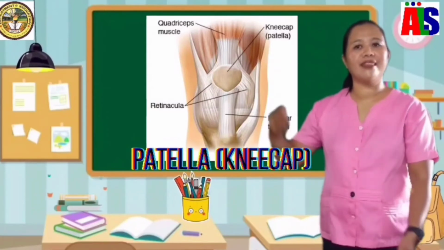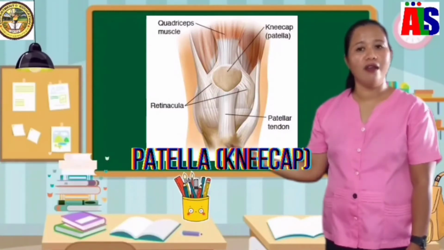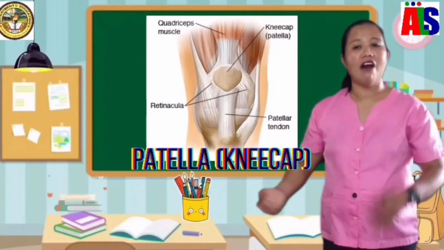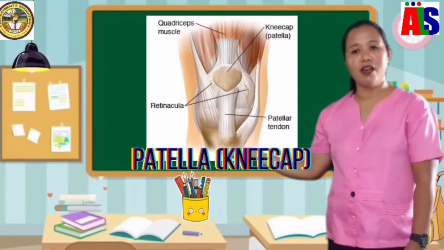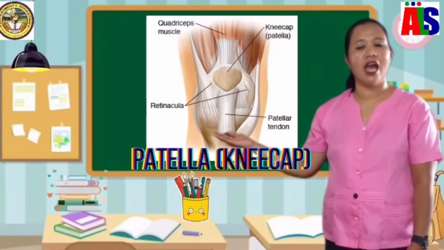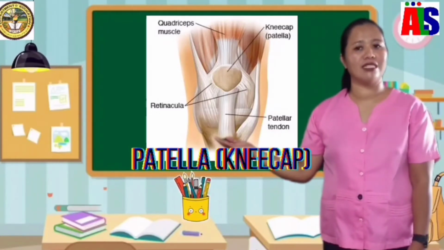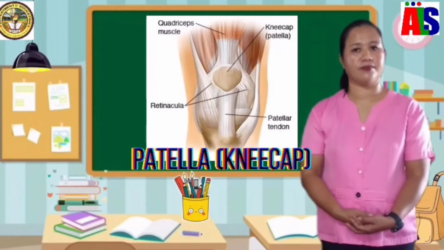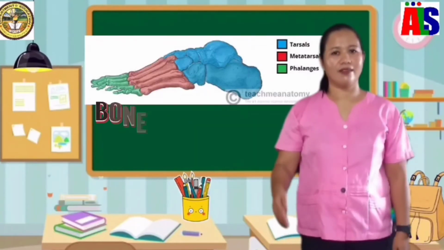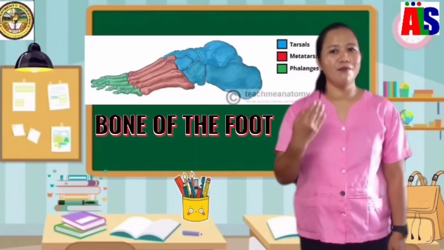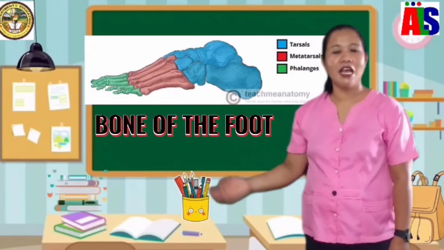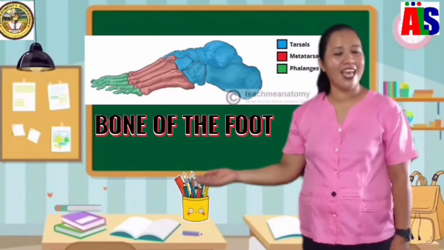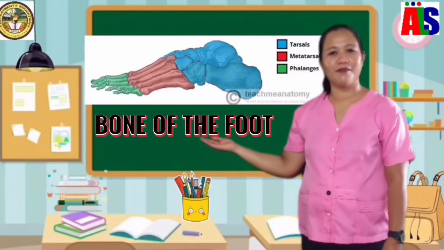Then, the patella or kneecap, a flat, circular, triangular bone which covers and protects the surface of the knee joint. Then, the bones of the foot: the tarsals, the metatarsals, and the phalanges.